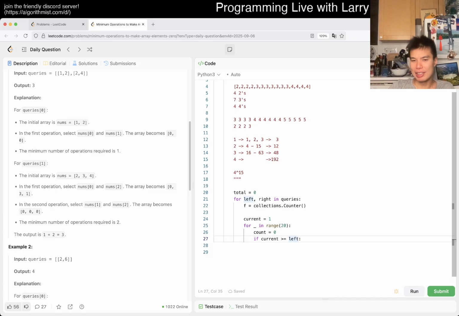Okay, so given a range, this is current. I think it's the other way, that's why. My thinking skills are just not the way they used to be. Okay.